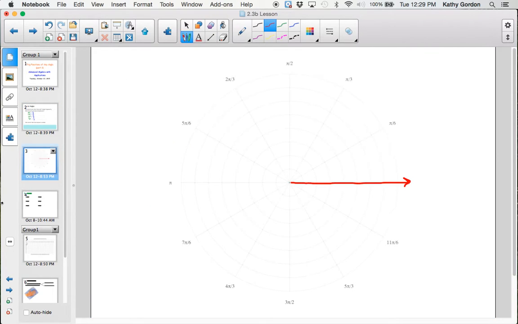So where does pi/4 go? In between pi/3 and pi/6. Okay. So on your papers, I would suggest you draw in an additional line right there between pi/6 and pi/3, and label that pi/4.